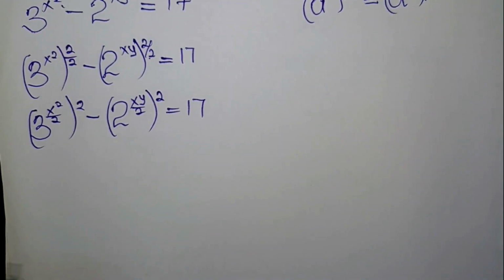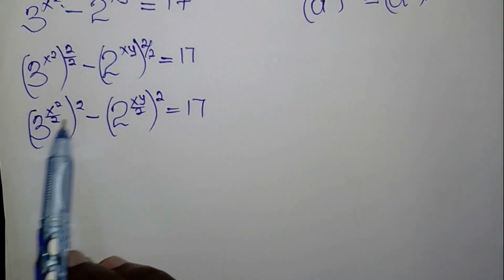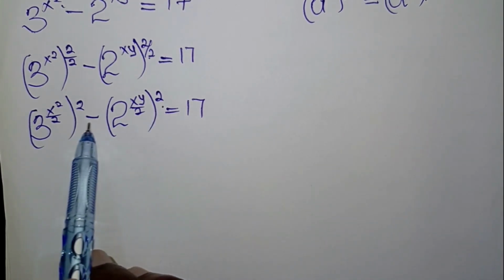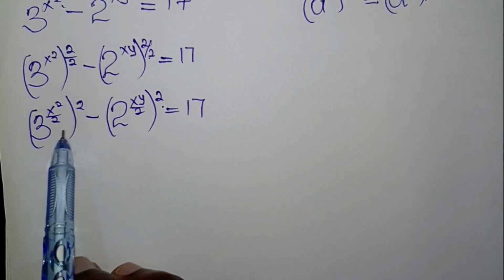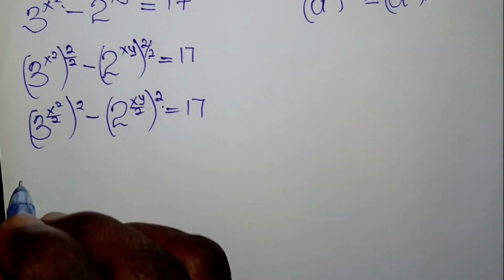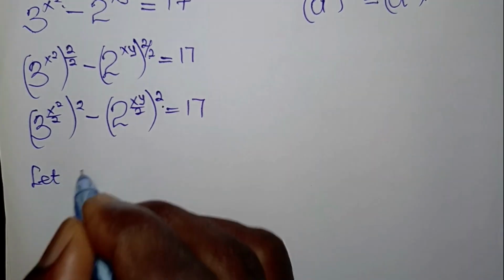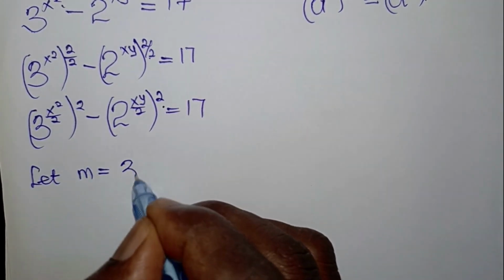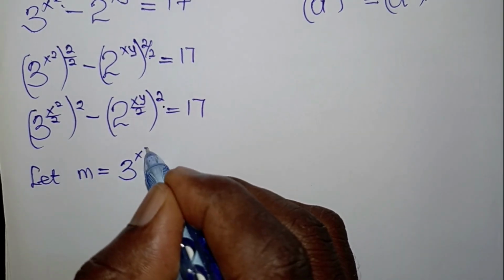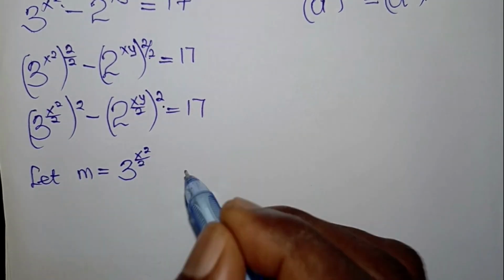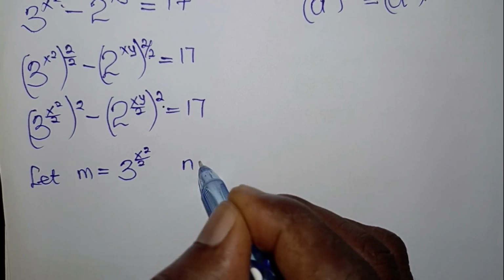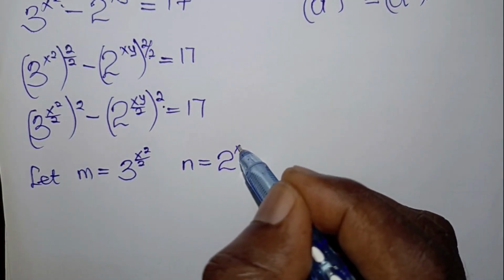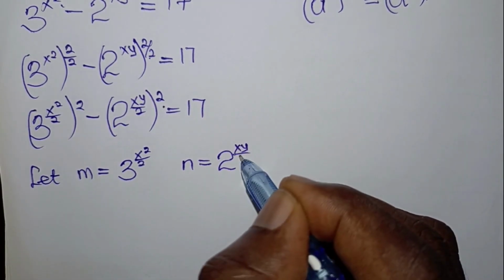Right. So we see that we now have an exponent of 2 here, an exponent of 2 here, and the sign between them is minus. So we can apply the difference of two squares there, right? But before then, let m equal 3 raised to the power x squared over 2, and n equal 2 raised to the power xy over 2.